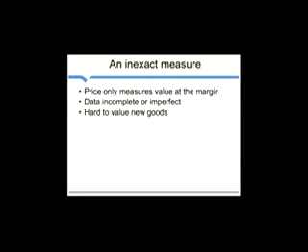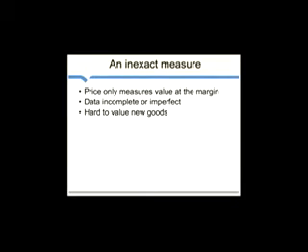Finally, it is hard to value new goods using this method. So we do have data on the price of new goods in the post-trade regime, but from that we're somehow trying to extrapolate what was the value of those new goods in the pre-trade regime, and that can be hard to do. Still, for all of these problems, we are getting some reasonable measure of the gains from freer trade here.